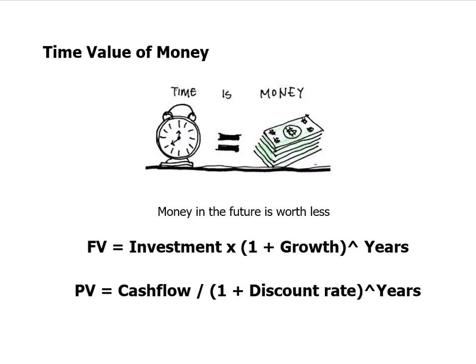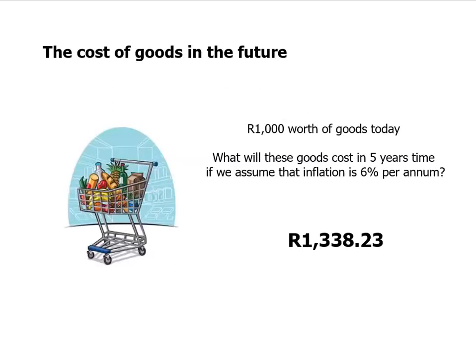So let's see how this might work. Here's a very simple example. We're going to go to our local retailer, and we're going to buy a trolley load of goodies, 1,000 rands worth. Mind you, these days 1,000 rands probably wouldn't fill a trolley, maybe just a basket.